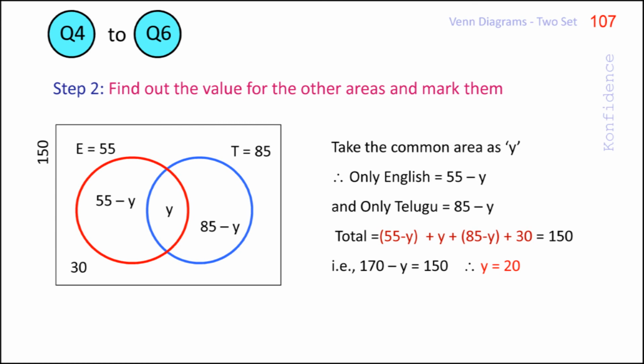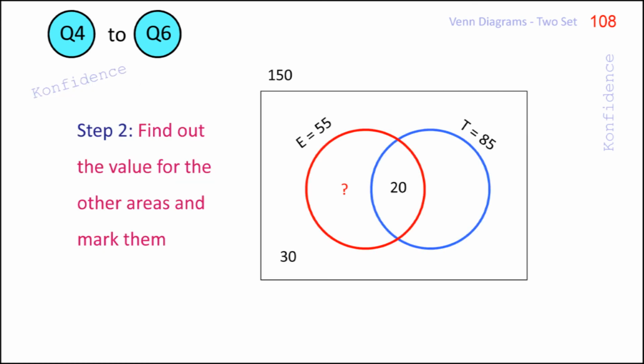The other areas to be found out are: 1. The set of people who speak only English, or the number of people who speak English but not Telugu, and 2. The set of people who speak only Telugu, or the set of people who speak Telugu but not English.